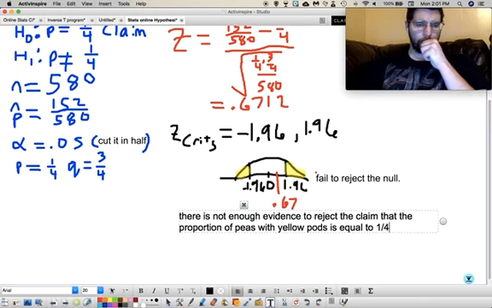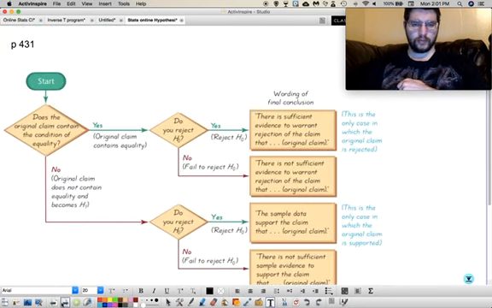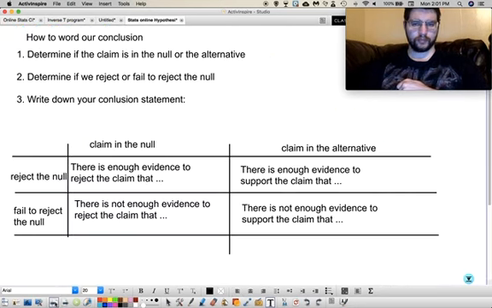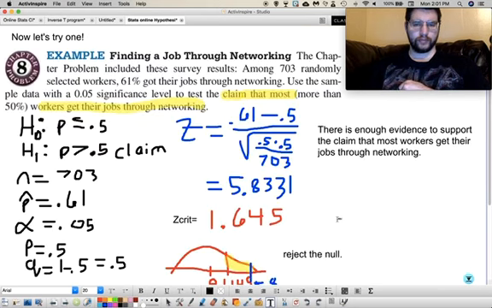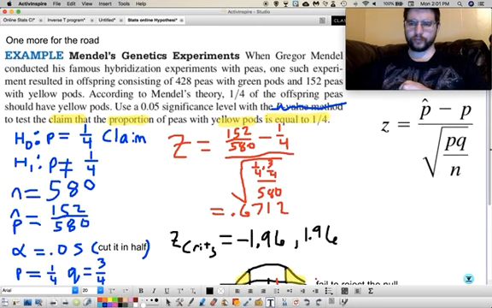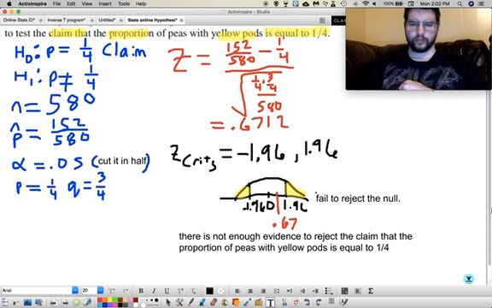So if we look, we failed to reject the null, claim within the null, there is not enough evidence to reject the claim.